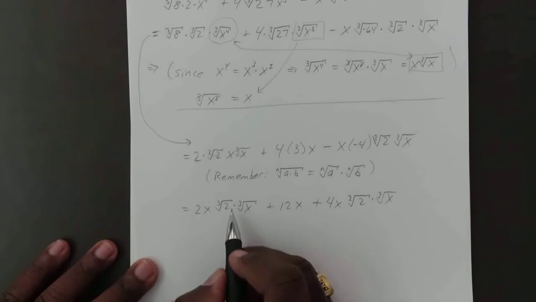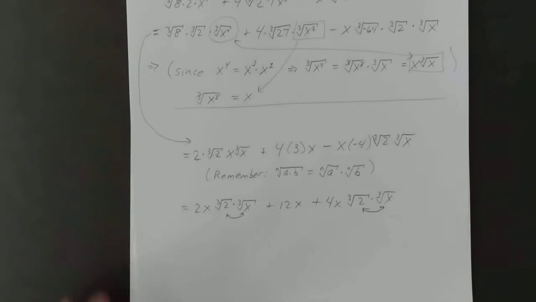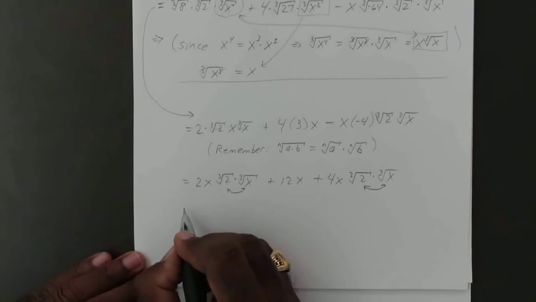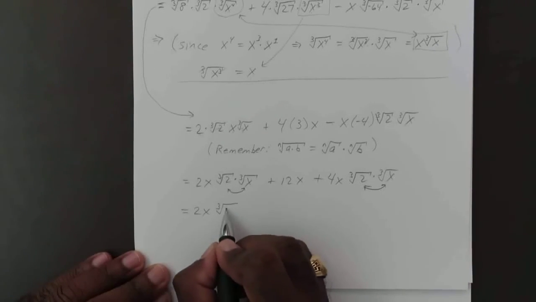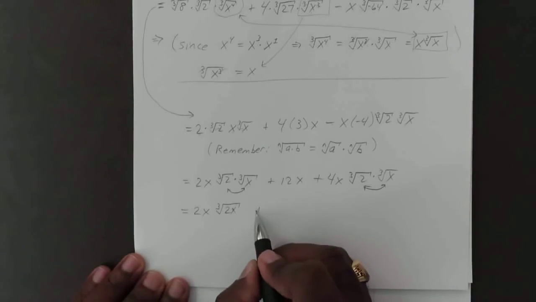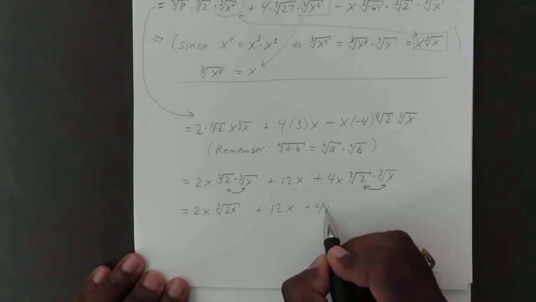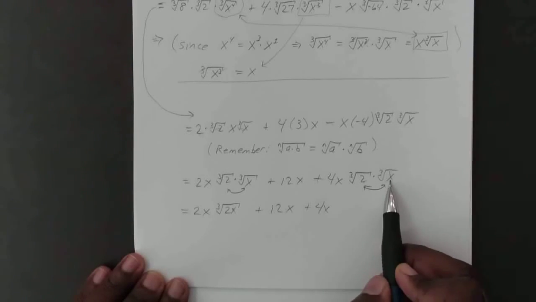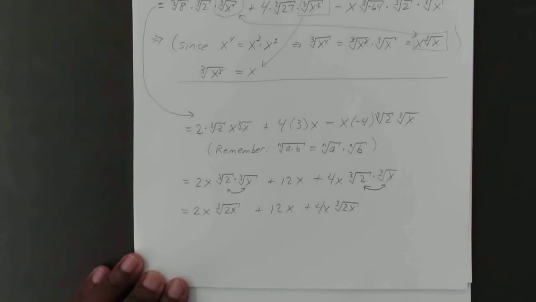And because of this process, you can just combine those two. So that gives us 2x times cube root of 2 times cube root of x is just cube root of 2 times x. Plus 12x plus 4x cube root of 2 times cube root of x, again, is cube root of 2 times x.